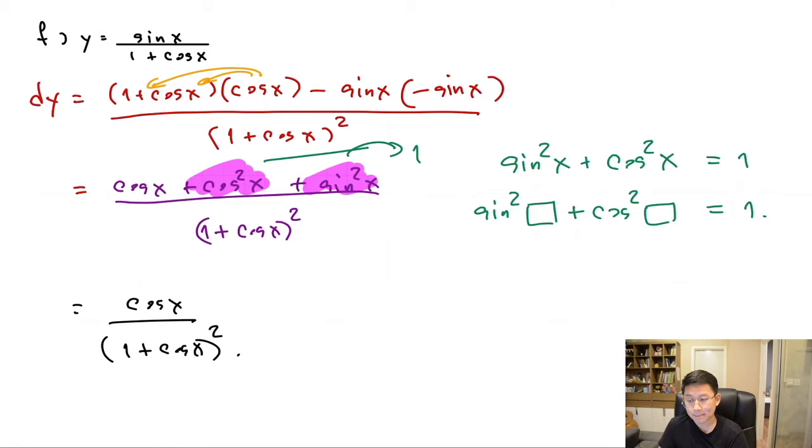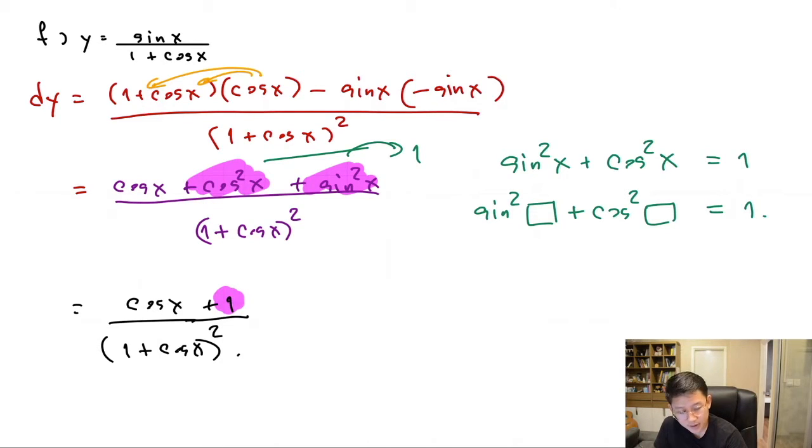Makes sense? Oops, sorry, plus 1 here, my bad. Because sine squared x plus cos squared x is 1, right? So it's 1 here.